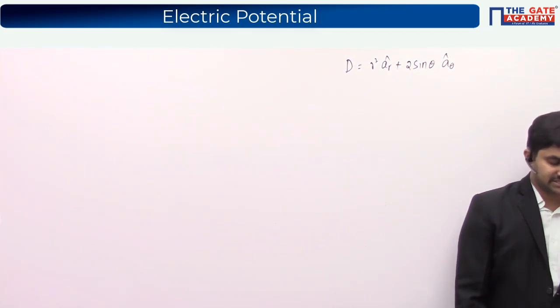The charge density rho v is given as dash.